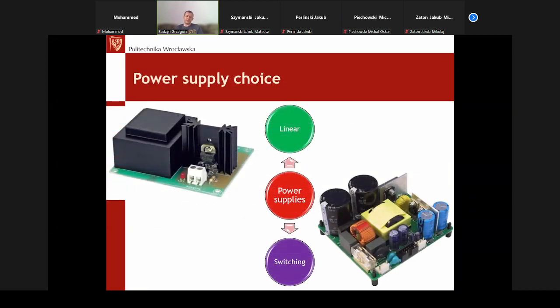In case of the power supply, again, we did the analysis some time ago, so that it's either linear or switching options that we have today in case of the regulators themselves.